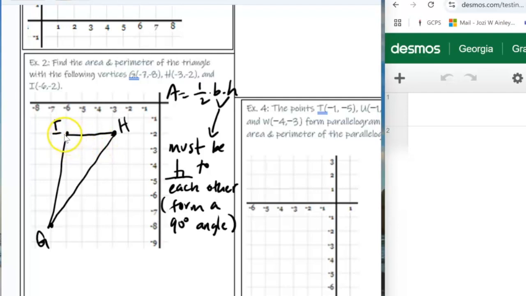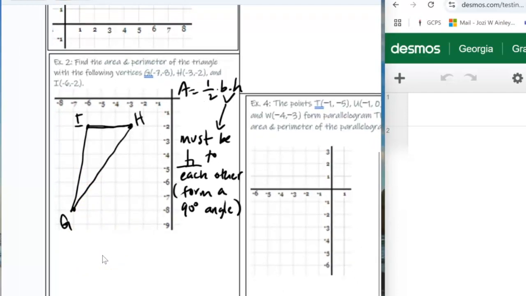If I call this the base right here, my height has to be vertical: if I'm going left and right, I have to go up and down. So instead of following this slanted line, it has to go straight like this. The reason is, when you go to the doctor's office, you don't slant when you're taking your height. When he's measuring your height, you stand completely straight up, perpendicular to the ground.